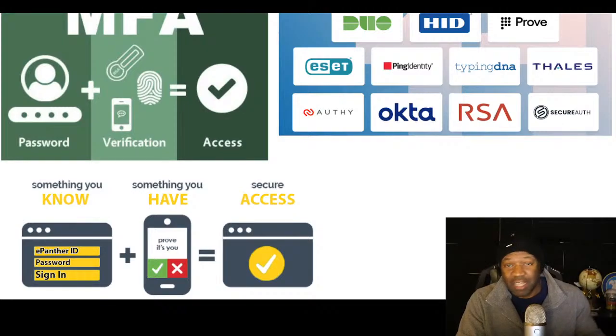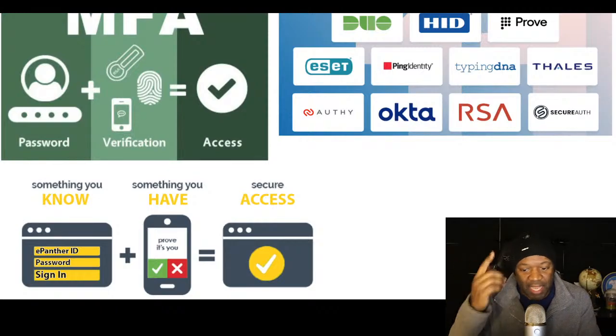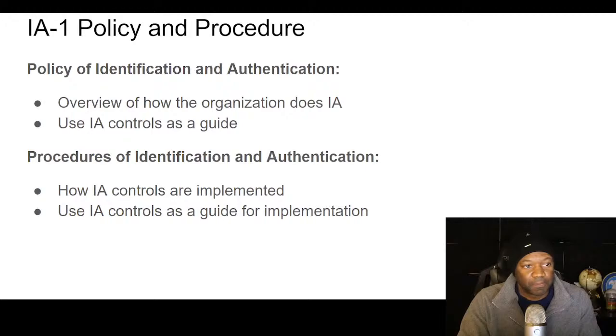Then you've got multi-factor authentication, which uses a combination of those, or you can just use two different codes, like a password and a code. You could use two different biometrics, like your thumbprint and your facial recognition. It just depends on how the organization implements that. There are many different companies that have different solutions for multi-factor authentication, and those are the ones you see on the screen: RSA and Duo and some of the other ones.